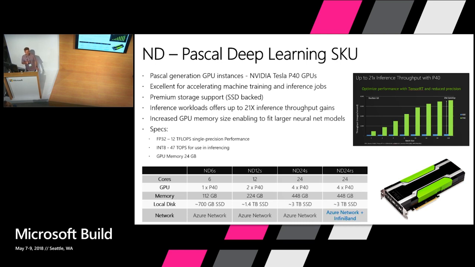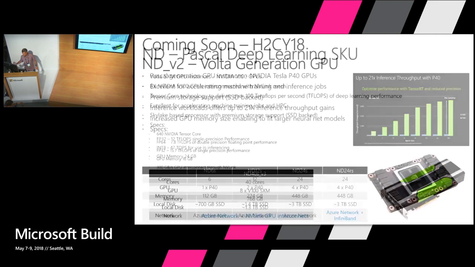This is also a very good GPU for inference also, so for both training and batch evaluation of deep learning models. Like the other sizes, available in 1, 2, and 4 GPUs, as well as the back-end InfiniBand network.